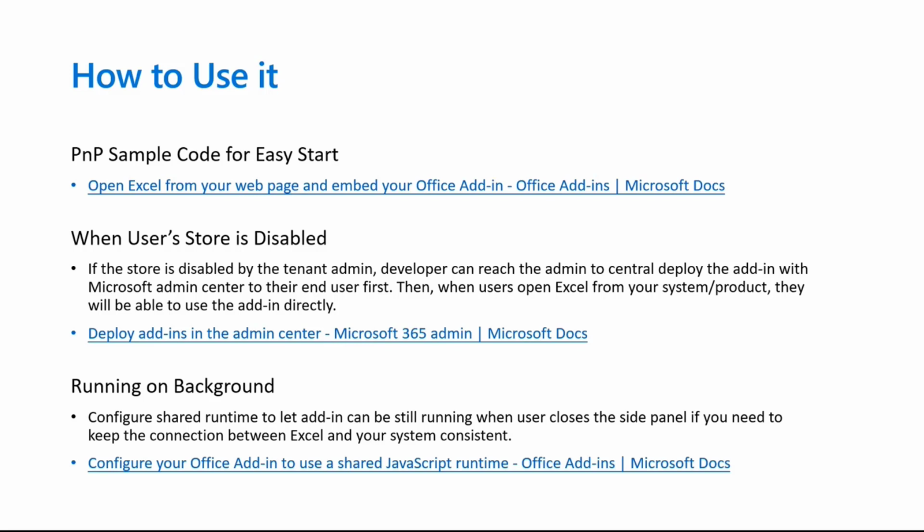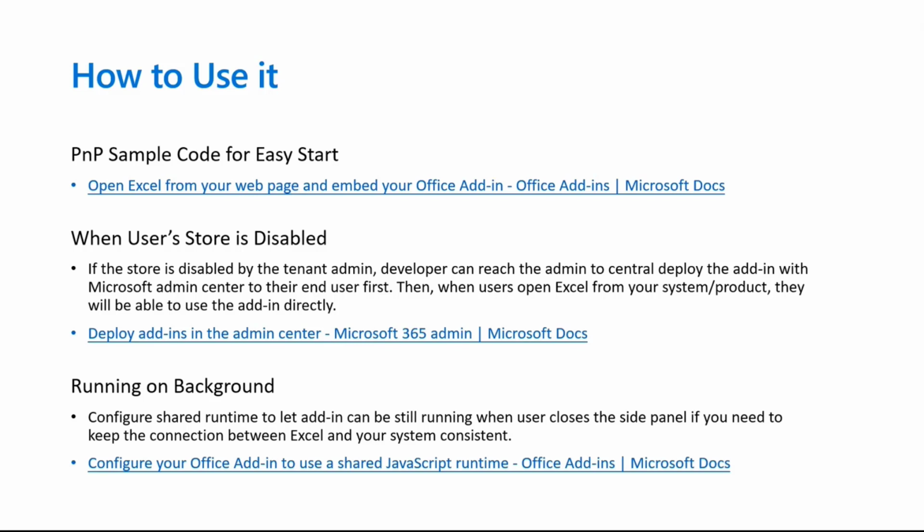So when you download this file from the system, when you export data from the system, the add-in has already been deployed on the user's client. So they will only need to launch it, and that works fine as well. And if your add-ins use something like custom functions, where you want to stay consistently connected with the system and Excel, you can use the shared runtime.